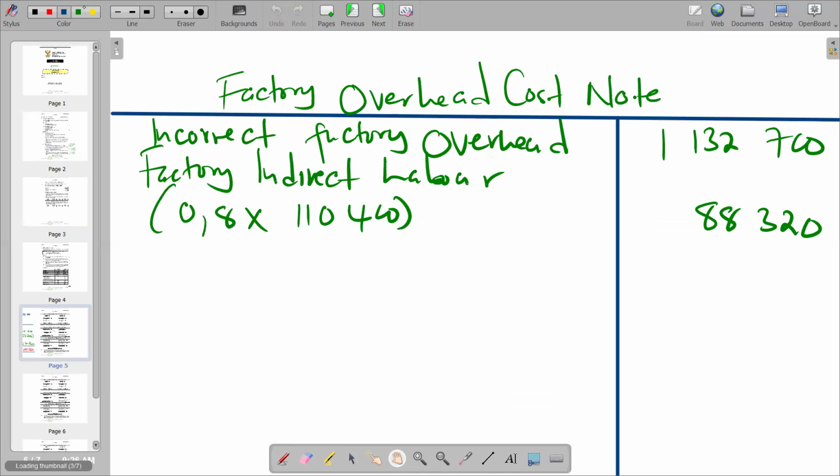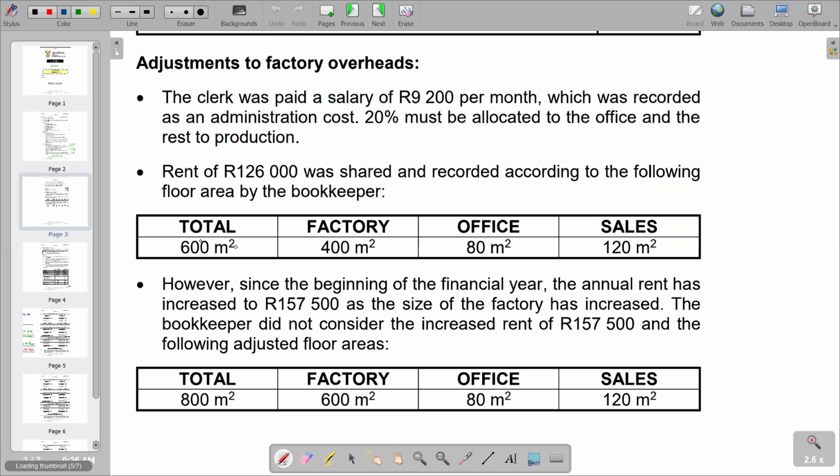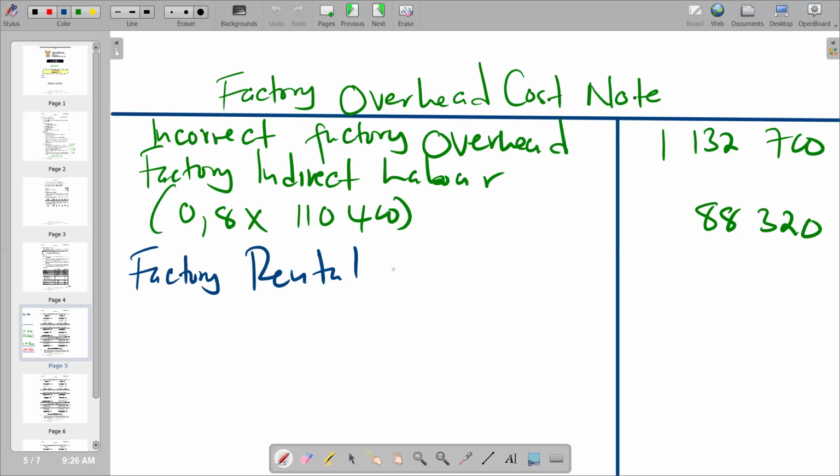We have now a factory rent, whereby we are going to say 600 over 800, then we multiply by 157,500.